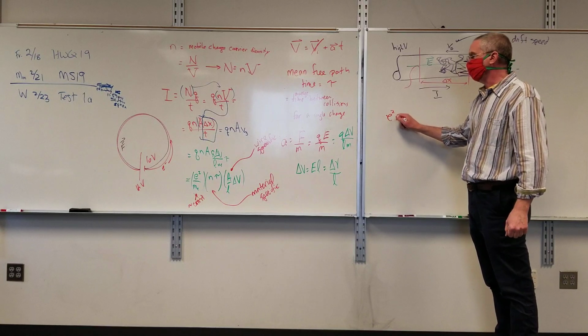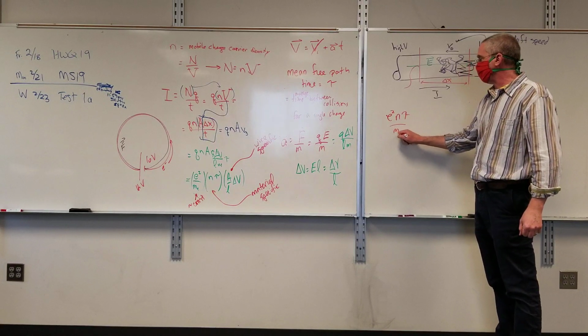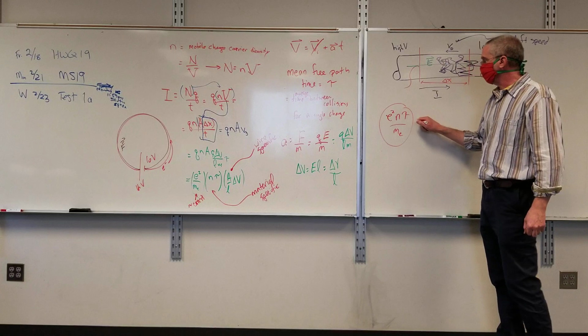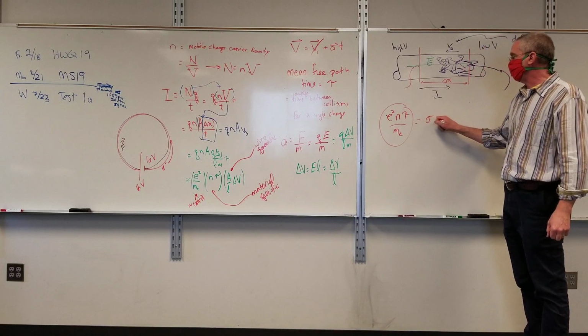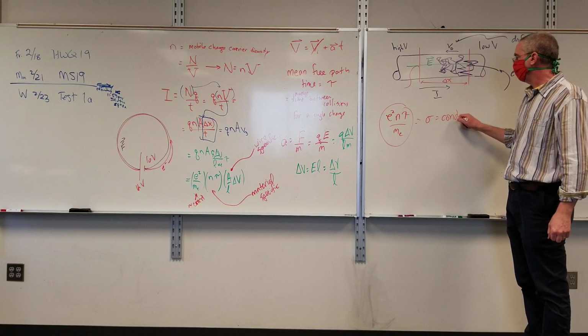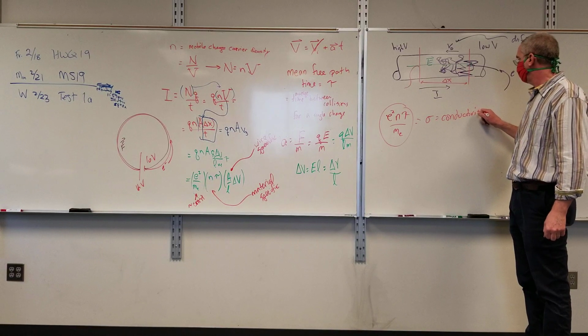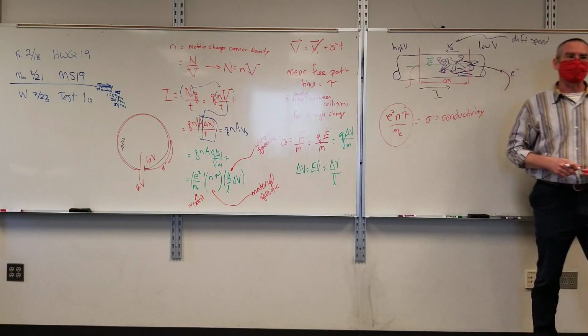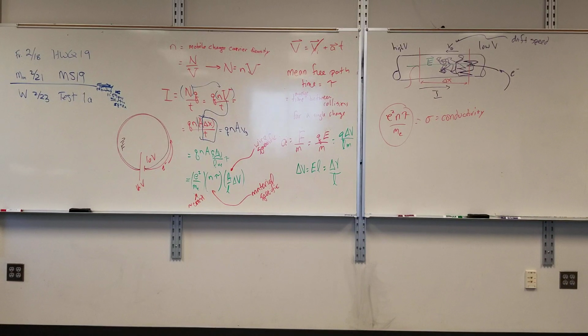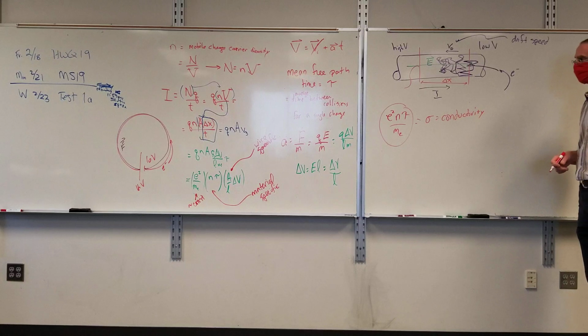The first part there, E squared, little n tau over m sub E, this is known as the conductivity. And we are using a sigma yet one more time. We use the same thing for surface charge density. It's also used for conductivity.